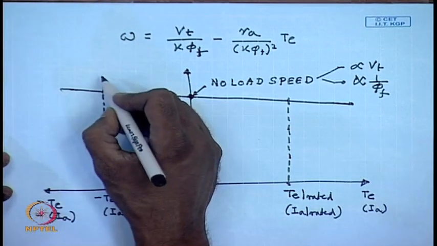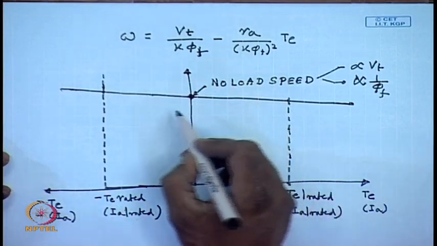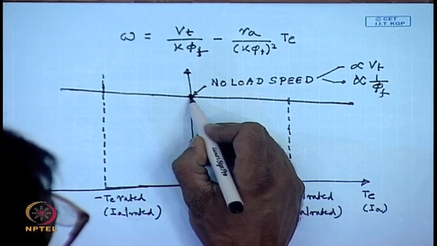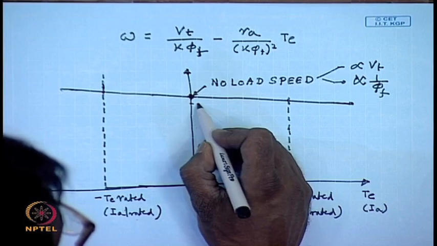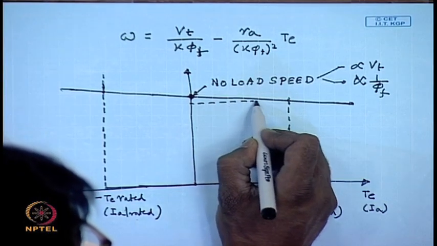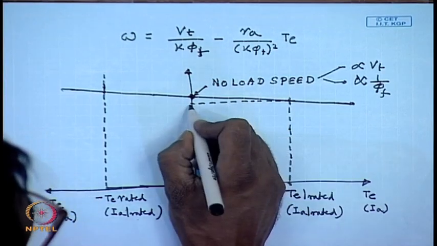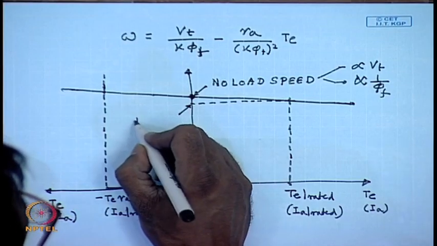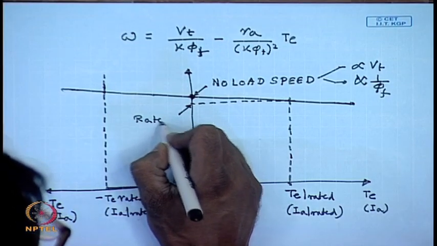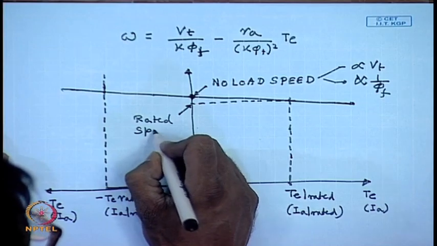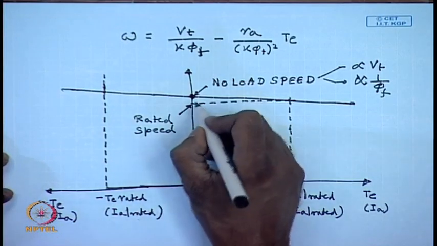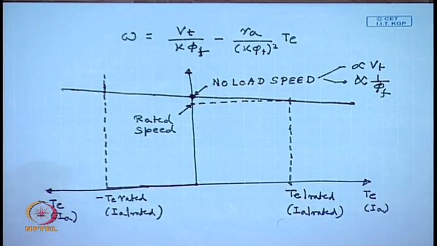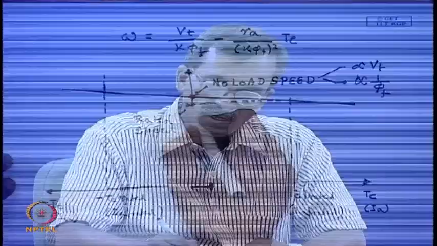So, although we see that if this is the no load speed, this will be the rated speed, which is somewhat lower than the no load speed.